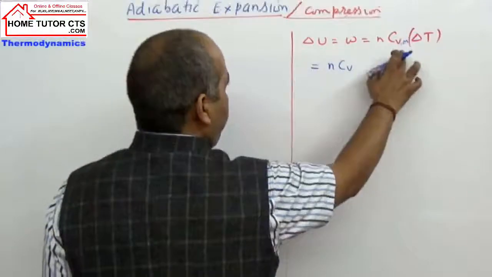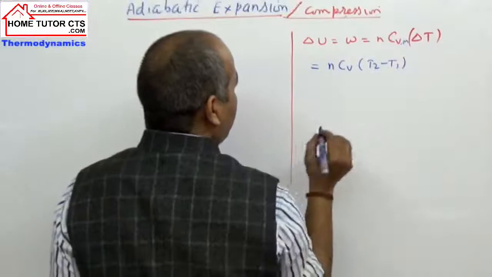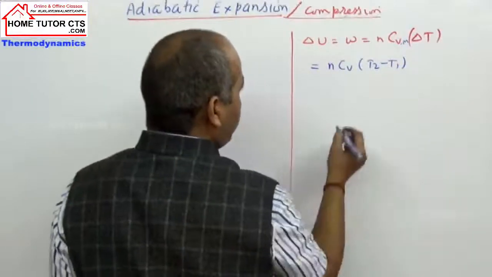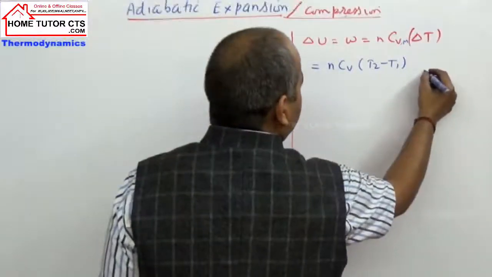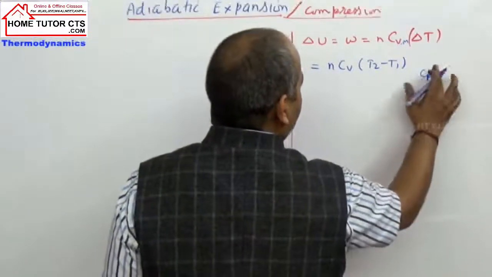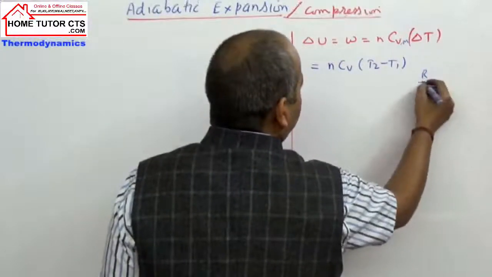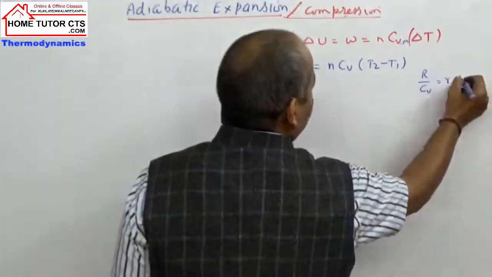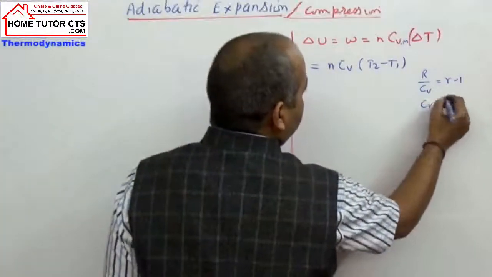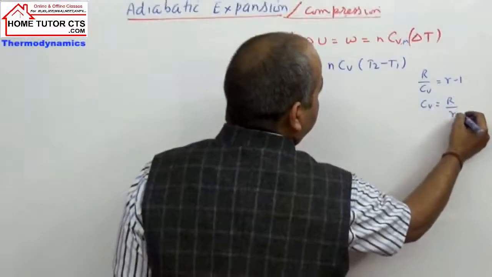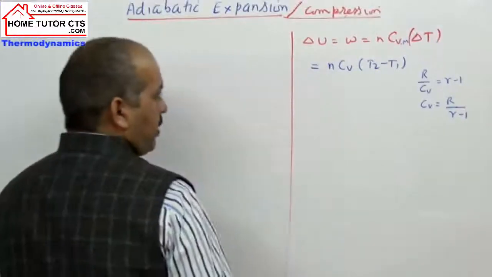Now this can be written, if you can recall the expression we have done previously, that Cp minus Cv was R, or R by Cv is gamma minus 1, we discussed sometime back. So what is Cv from here? Cv from here can be taken as R by gamma minus 1.